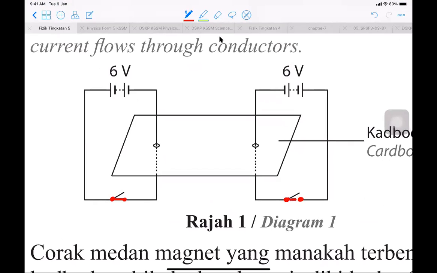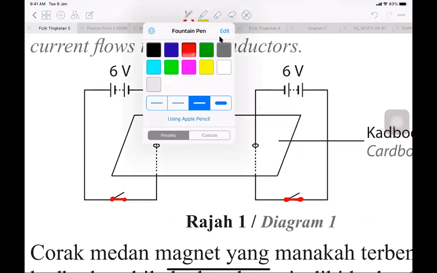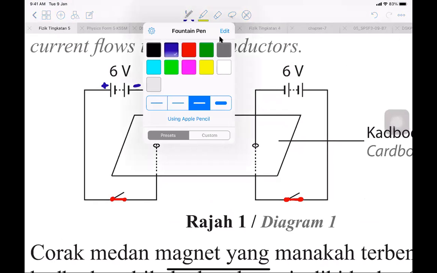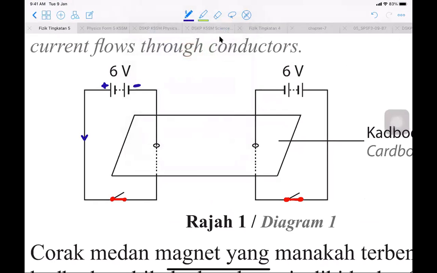Both are closed, so the current will flow from the positive terminal to the negative terminal. The parts we take into consideration are where it goes into the paper or the cardboard, which is this part here.